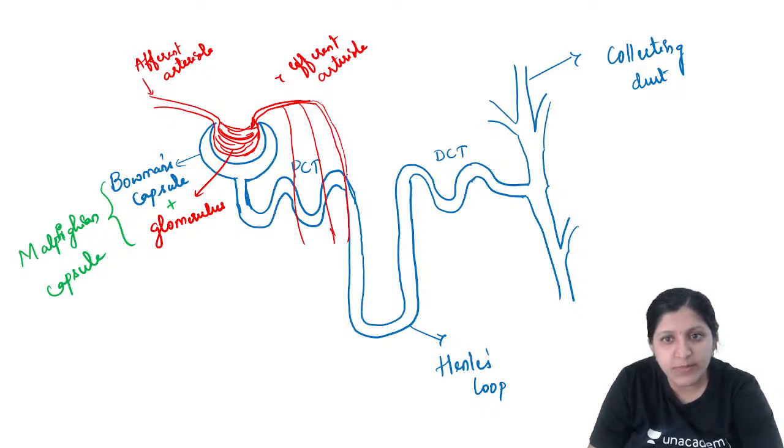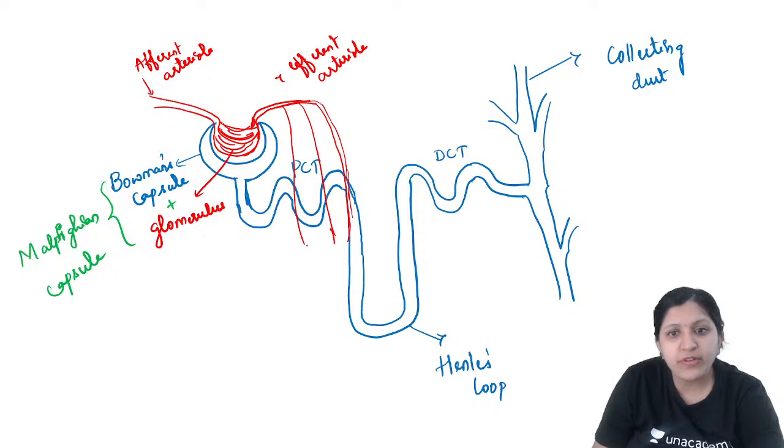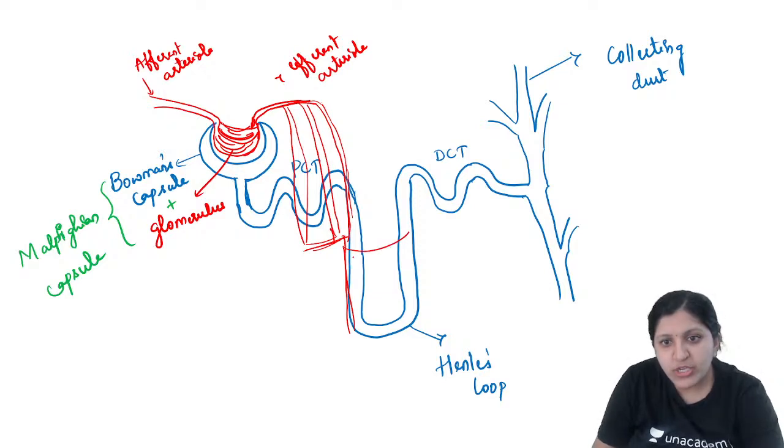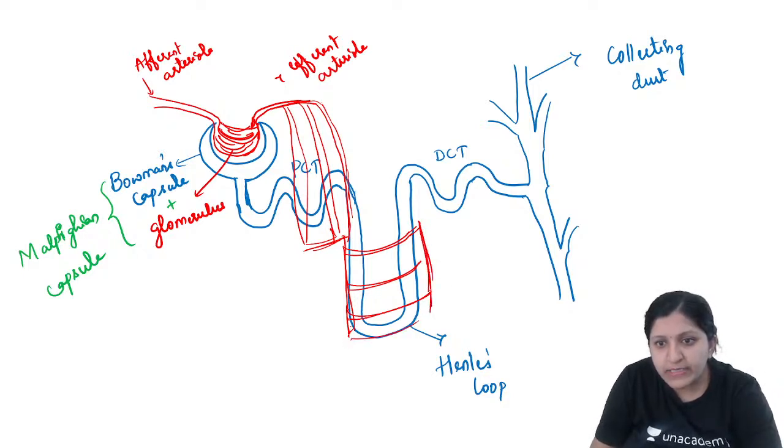Then all of them are joining back here, forming this structure, and again there will be division. There will be formation of the secondary set of capillaries again, from here as well, at this end.